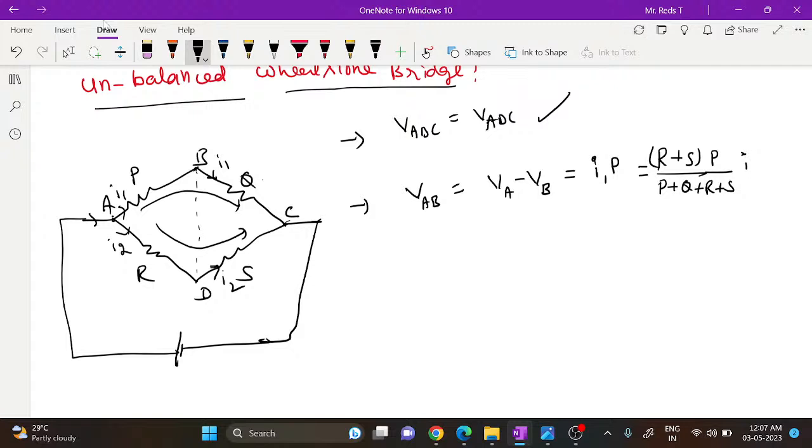This is your VAB or VA minus VB. You can take this as equation 1.